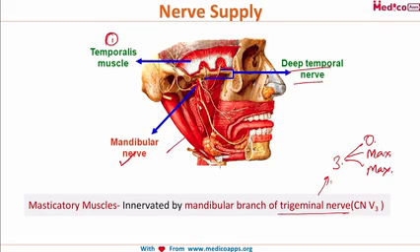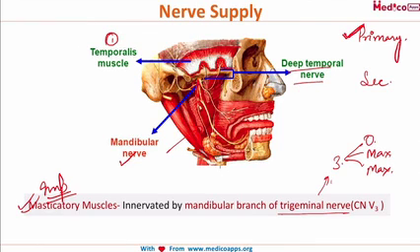Now here itself I would like to tell you one very important point, which is highly important, and the examiner can ask you this question in viva. Muscles of mastication can be broadly divided into primary muscles and secondary muscles. The primary muscles are masseter, temporalis, lateral pterygoid and medial pterygoid.